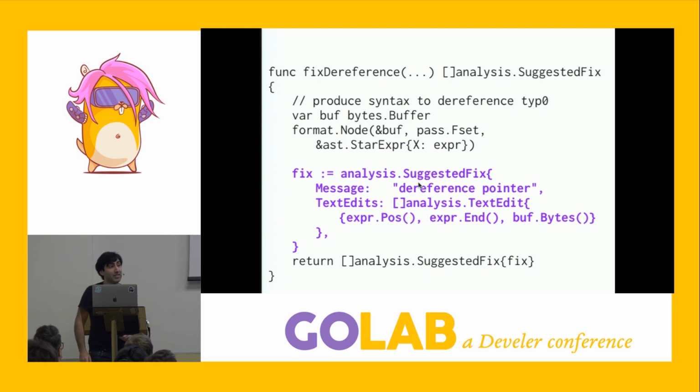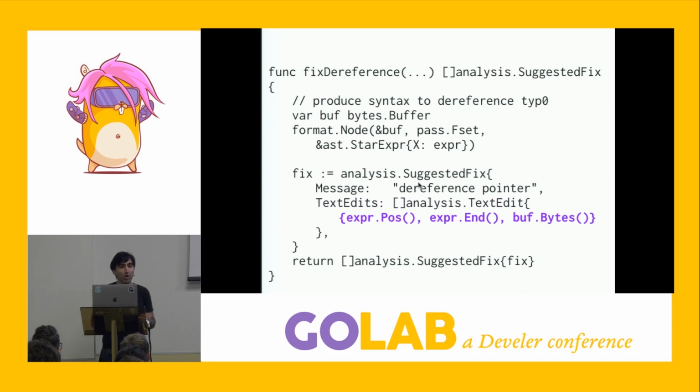We just have to generate a suggested fix. And the suggested fix has a message. So this is what appeared in the quick fixes dialog as the option for us when we were suggesting a fix. It just says dereference pointer. It could say anything. And now we have the text edits, which is the actual code replacement in our suggested fix.